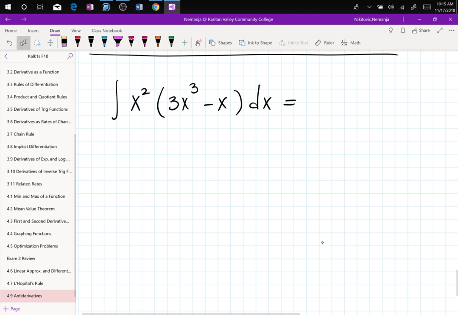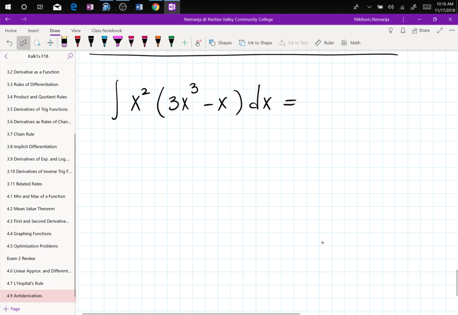See, you can't integrate this straightforwardly because it has multiplication in it. You know how for derivatives you had to learn the product rule, right? Well, integration has its own forms of product rule called u-substitution, integration by parts, and other things that you will also learn in Calc 2. So the way to do this is to distribute x squared, and then you can integrate.